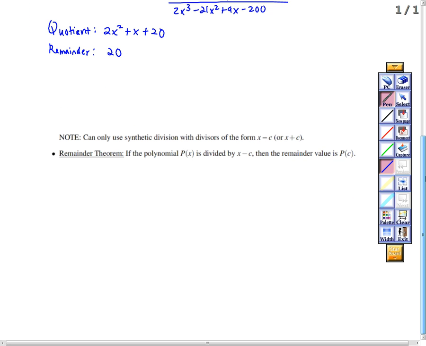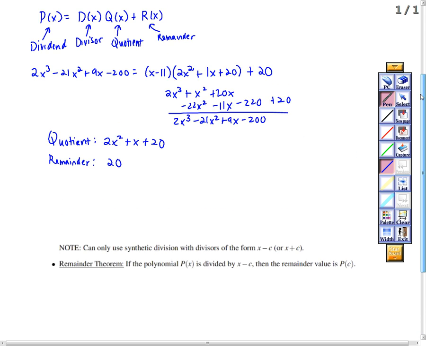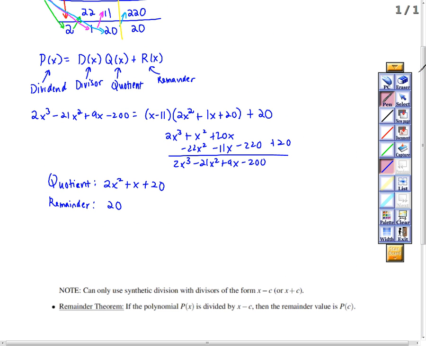And notice again I have the note, we can only use synthetic division with divisors of the form x minus c or x plus c. We have the remainder theorem. If the polynomial p of x is divided by x minus c, then the remainder is p of c. So that means if I'm looking at this and I say what is p of 11, the answer is going to be 20 every time.